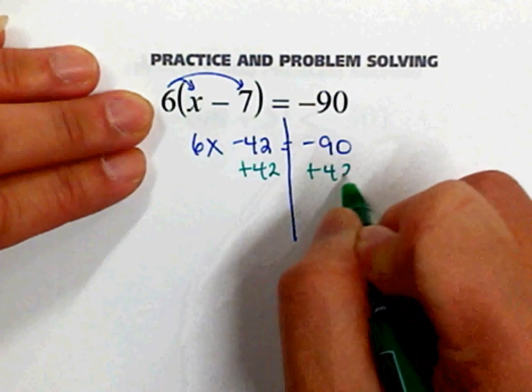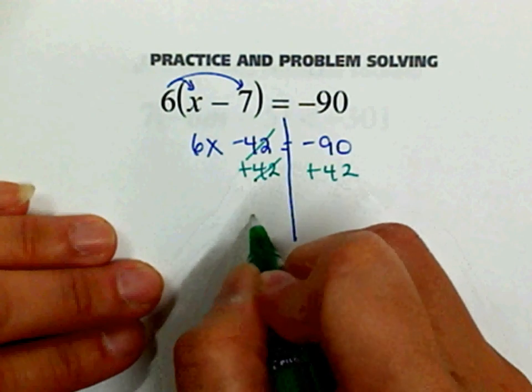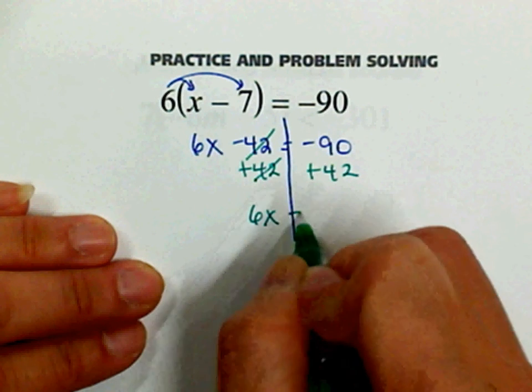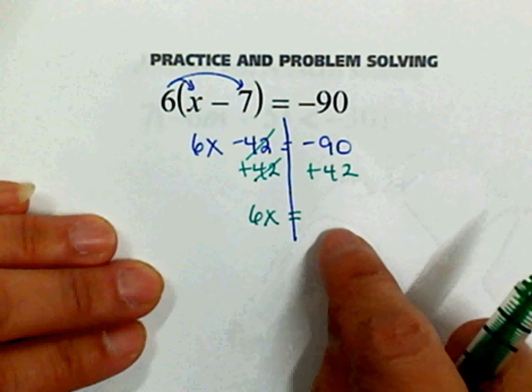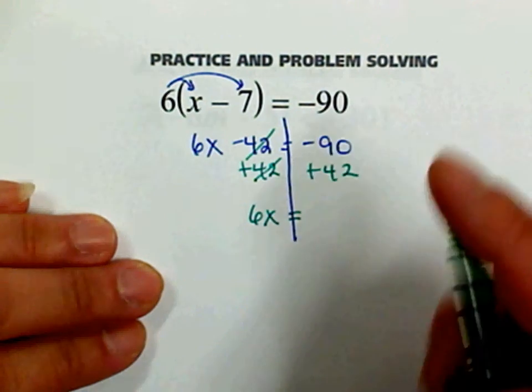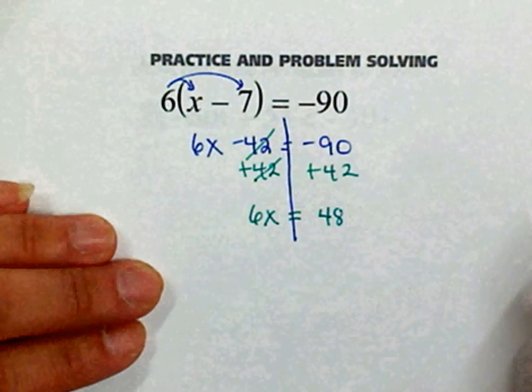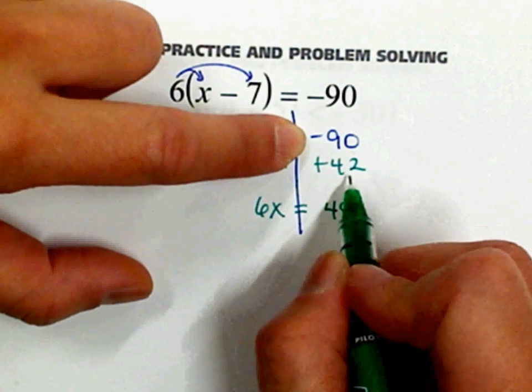Very good. What's over here on the right? 48. Positive or negative? Now let's take a look. Which is bigger, 90 or 42? Negative's bigger. And you're adding and subtracting. Okay? That's all right. It's a common mistake.